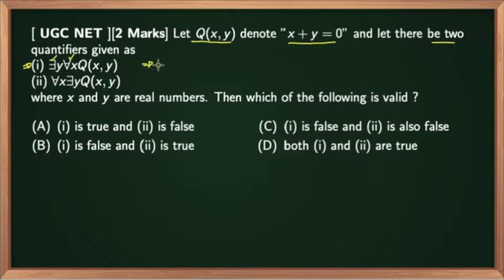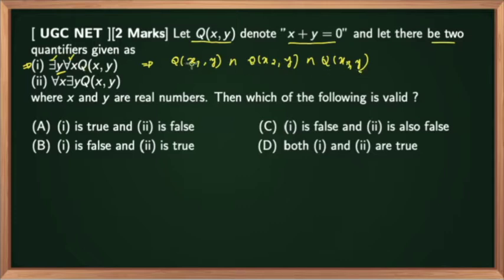So that's equal to, let's assume you have x1, x2, x3, etc., xn. So q of x1 comma y, right, and q of x2 comma y, these are all true, right? Q of x3 comma y, right? So y is fixed.